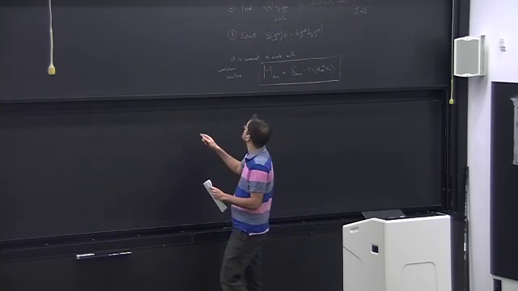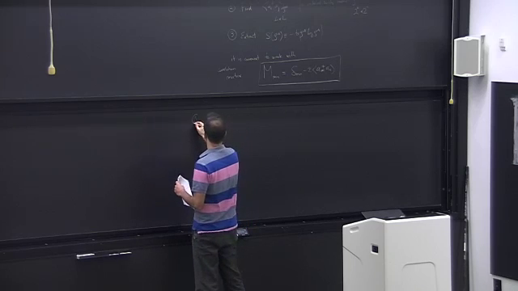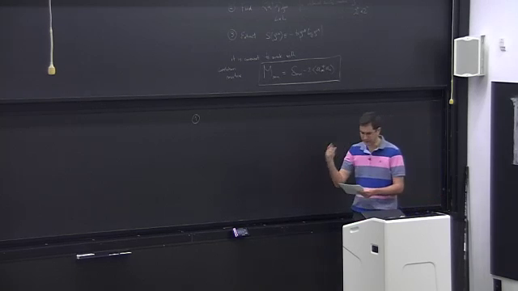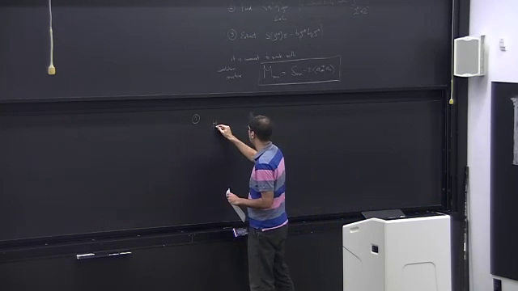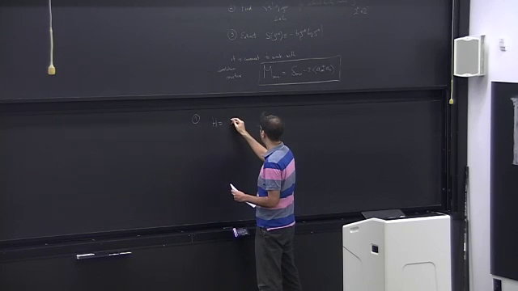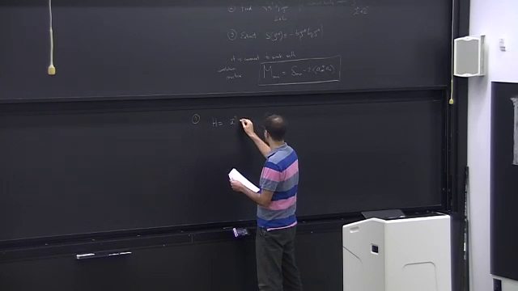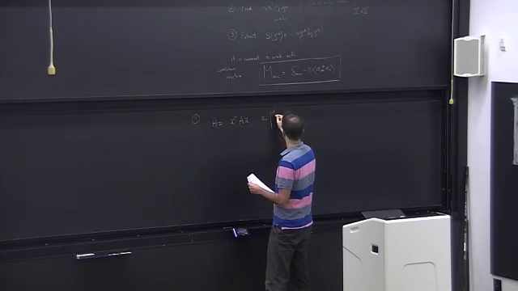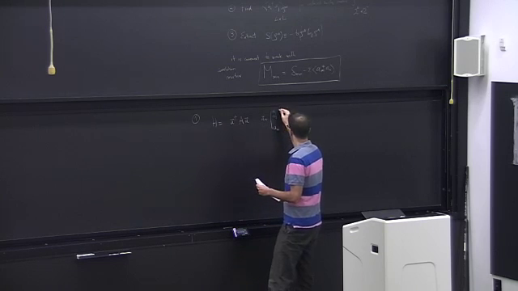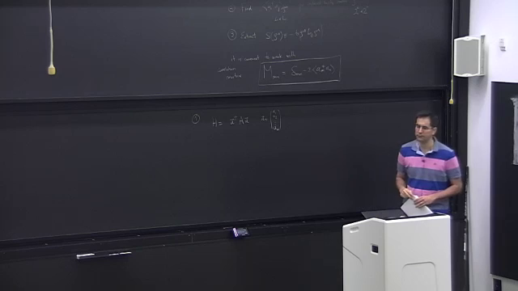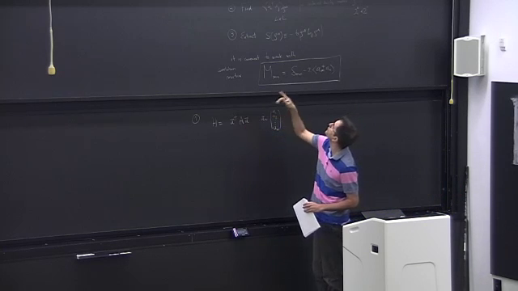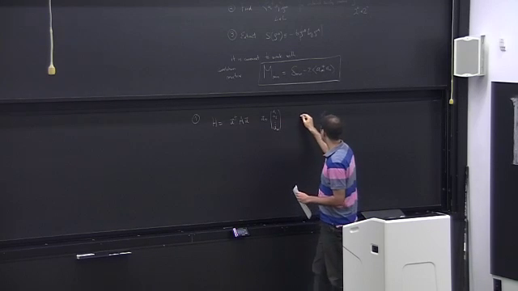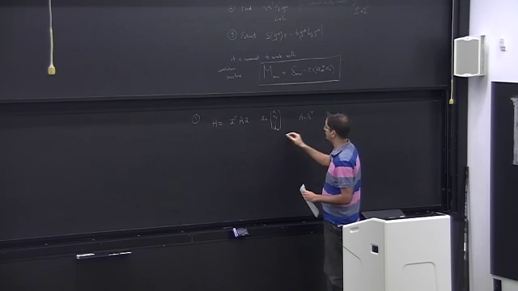Let's see. So let's do point 1 of the plan. Let's find the correlation matrix for the ground state, and Wick's theorem tells us that this is everything we need. So the first thing is I'm going to write the Hamiltonian that we had up there in this way, to make it more compact, where I just build a vector with all the annihilation operators. Okay? So that expression is analogous to the one we had up there. And we need to remember that A is a Hermitian matrix, right?